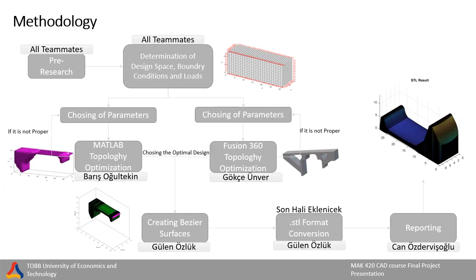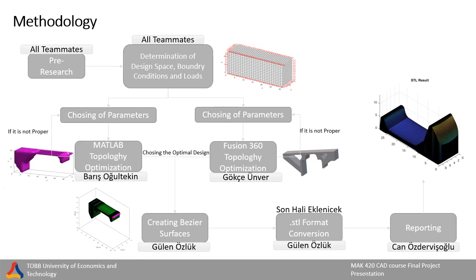As a team, we did primary research, and as a result of our primary research, we determined our design area, boundary conditions, and loads. After these stages were determined, the parameters were selected. MATLAB topology optimization was done by our friend Barış. Our friend Gökçe made the Fusion 360 topology optimization.